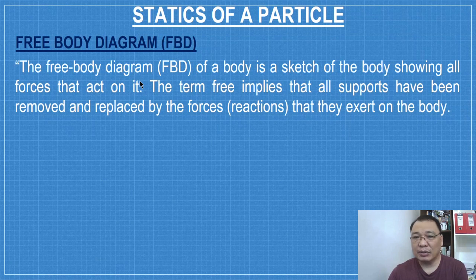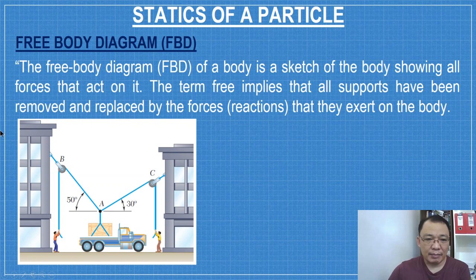So you show all the forces acting on the body. The term free implies that all supports have been removed and replaced by the forces or reactions that they exert on the body. So you isolate the body. Everything connected to the body, you remove and replace with a force, a reaction.